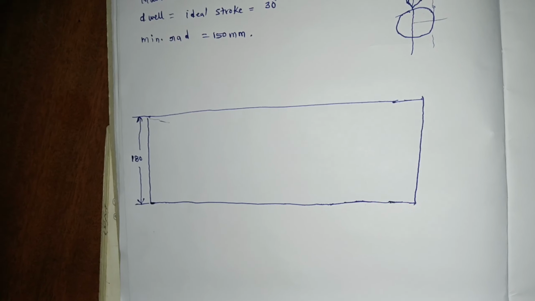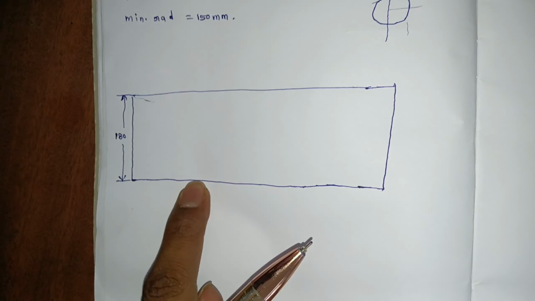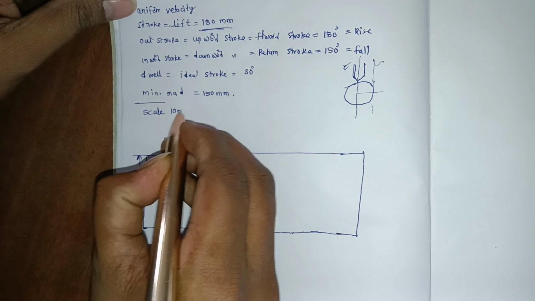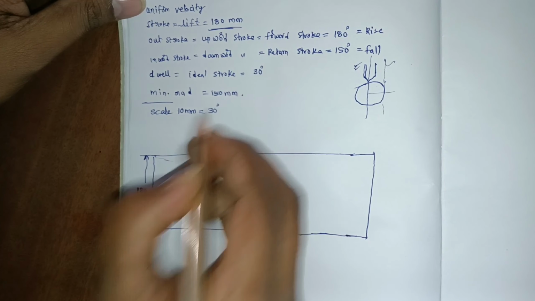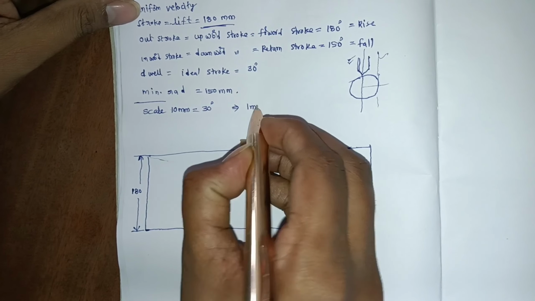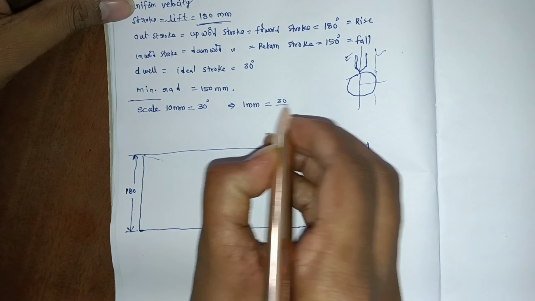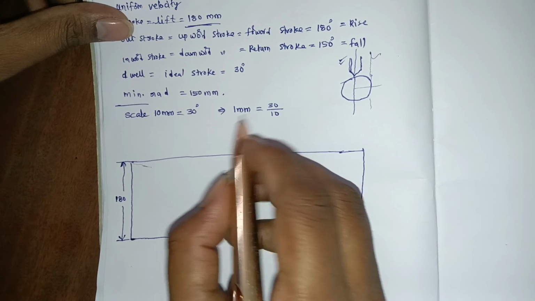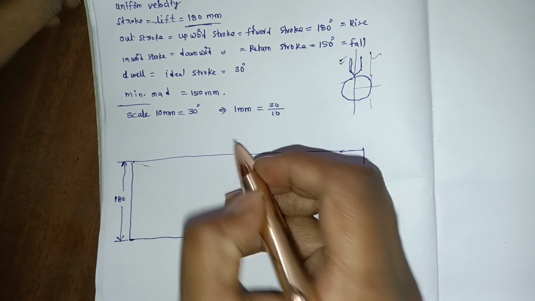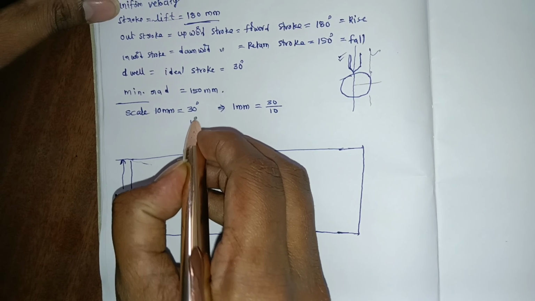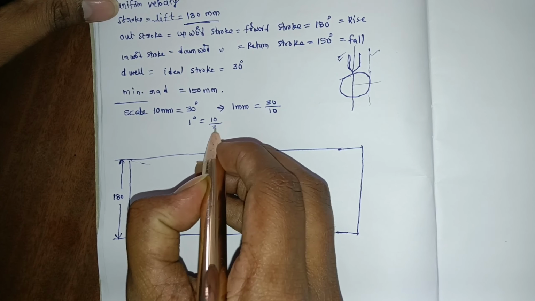For solving the problem, you have to take the scale: 10 mm is equal to 30 degrees. That means 1 mm is equal to 30 by 10. Similarly, here we want to draw in terms of angle, so 1 degree is equal to 10 by 30.